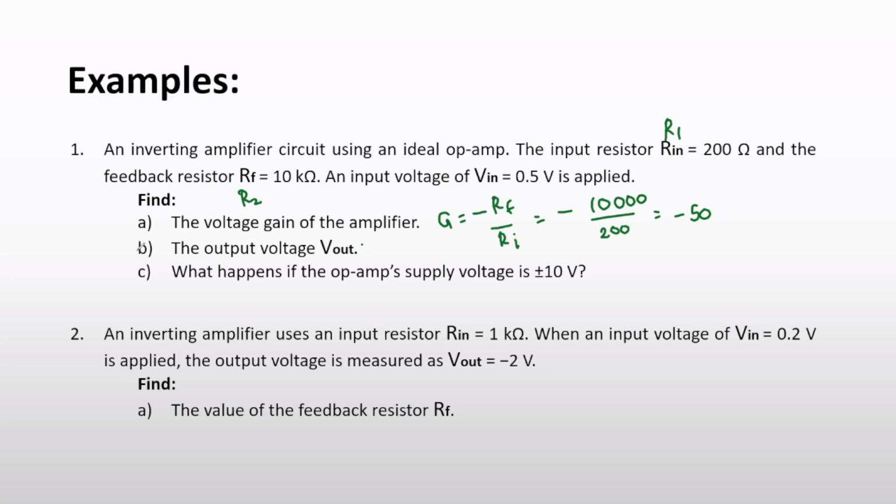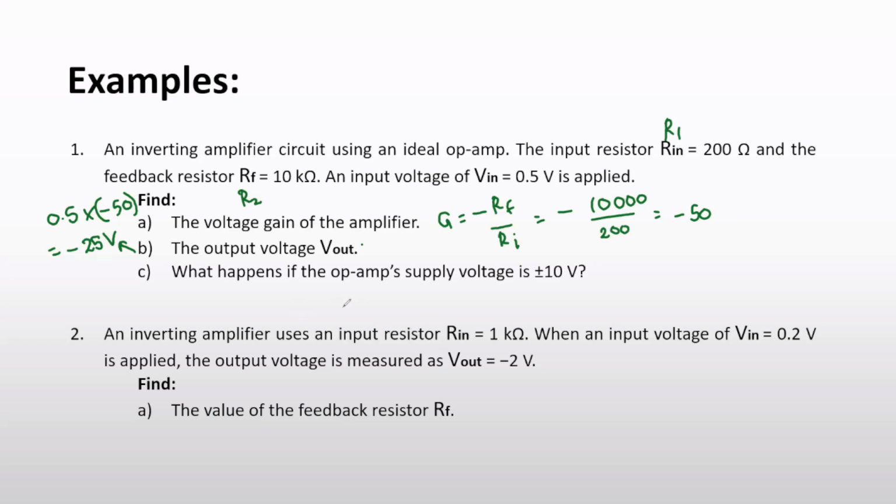So I write the answer here. It's 0.5 volts into minus 50, the gain. So the output is minus 25 volts.